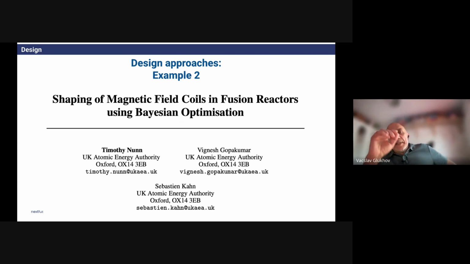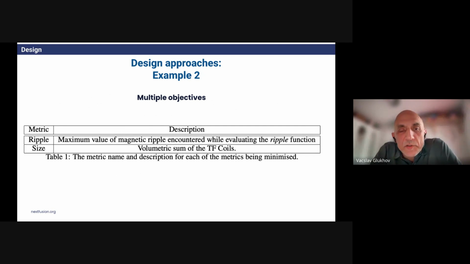Fine. Another example is shaping of magnetic field coils in fusion reactors using Bayesian optimization. Again, Bayesian optimization, you're familiar with that already. What they want to do is optimize the ripple of the magnetic field and the size of the toroidal field coils. The ripple is the maximum value of the magnetic ripple.